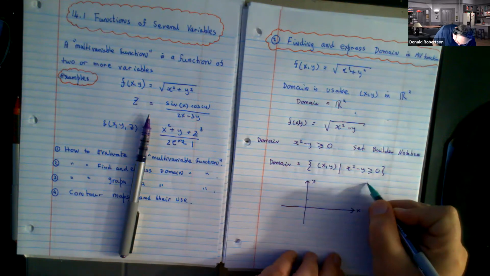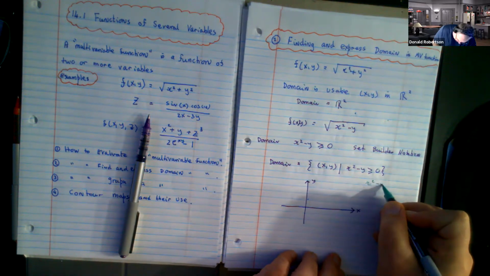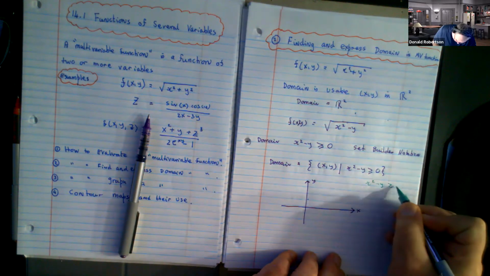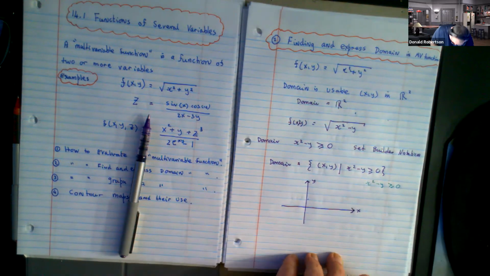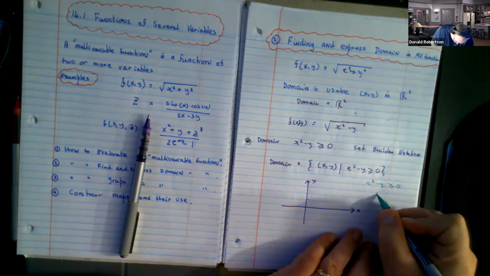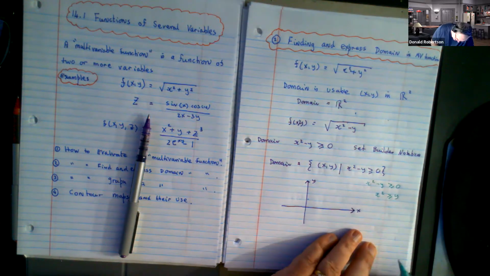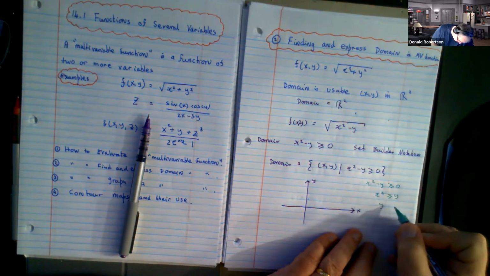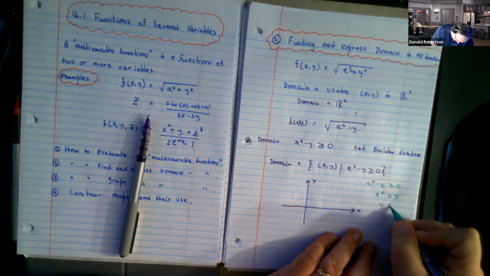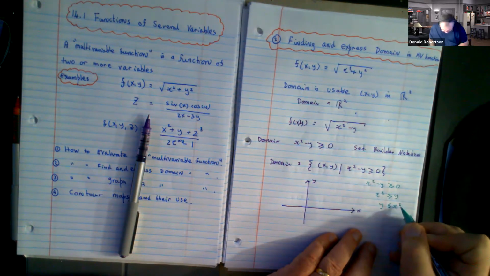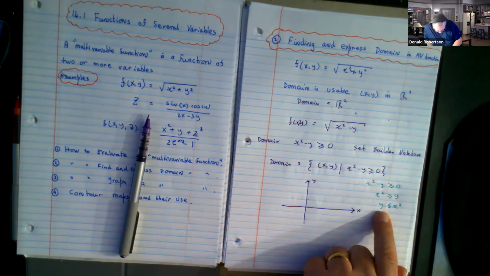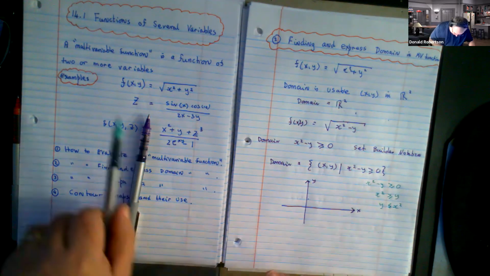If you tell me that x squared take away y is greater than or equal to 0, I can rearrange that a little bit. It's another way of saying it, which is much more helpful. But even more helpful would be to say it that way. So we're looking for all the points whose y coordinate is less than or equal to x squared.